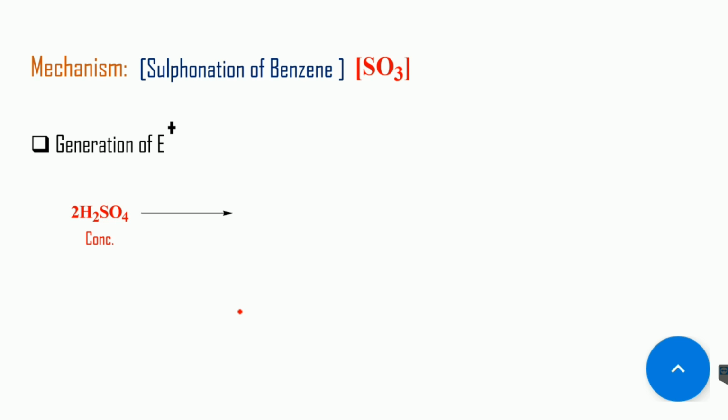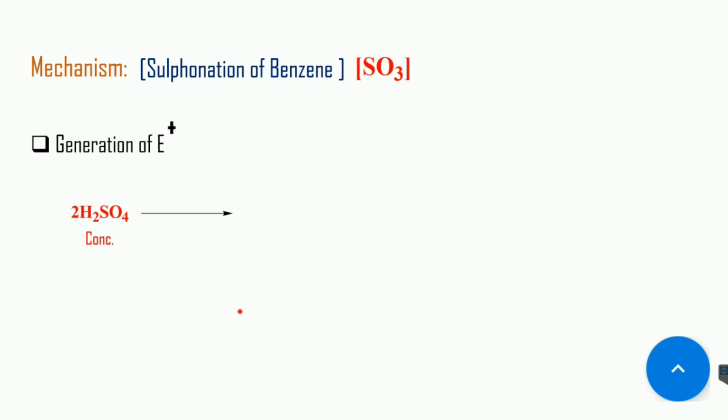As I just showed you in my previous slide, only 1 mole of H2SO4 is used for dissociation and for generating the electrophile. Instead of that we are using 2 moles of H2SO4.